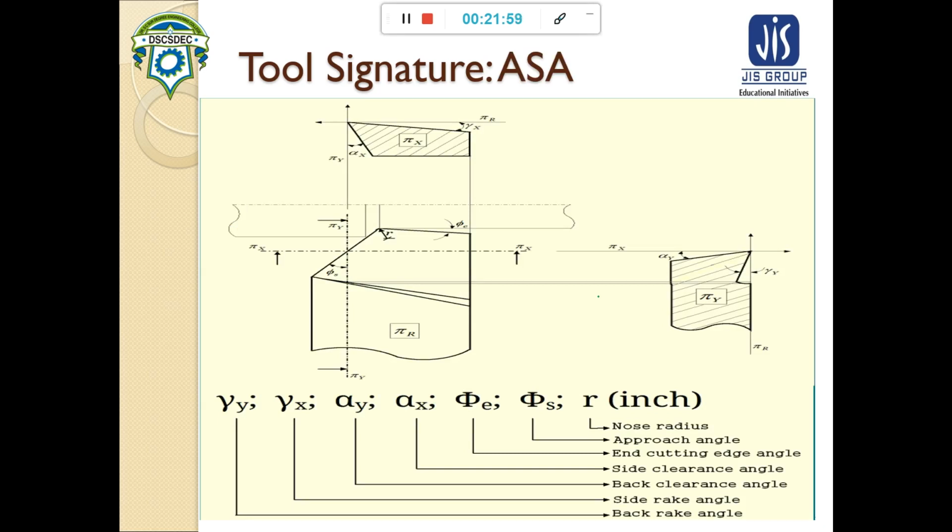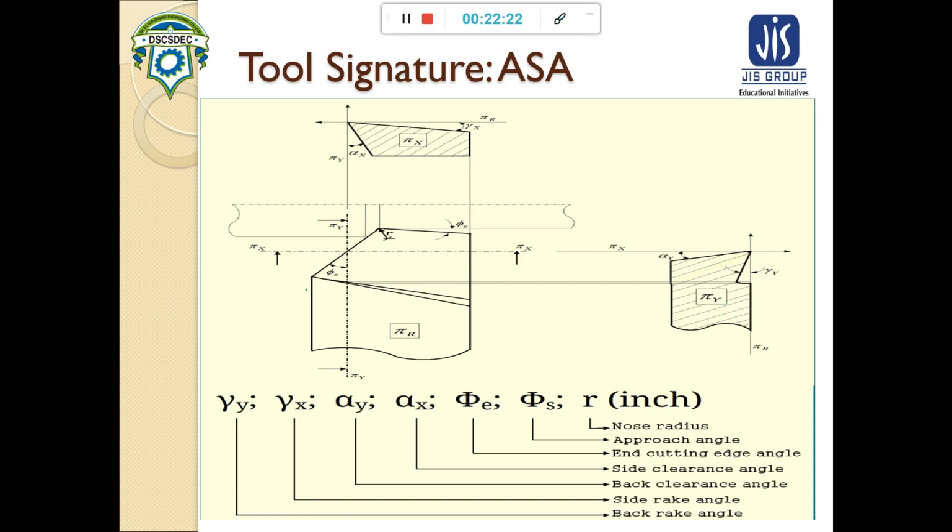First plane is the reference plane pi r, second is the machine longitudinal plane pi x, and next is the machine transverse feed plane, that is pi y.